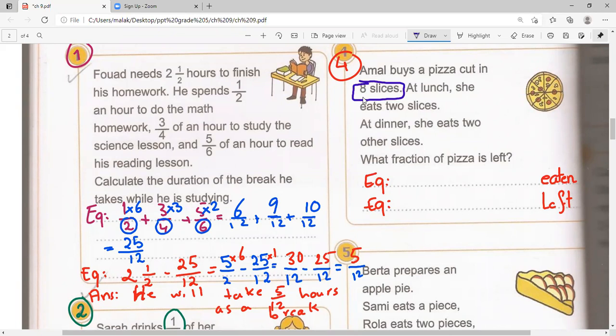So she eats 2 slices at lunch, then she eats another 2. So in both, how much did she eat? Then how much is left with her?